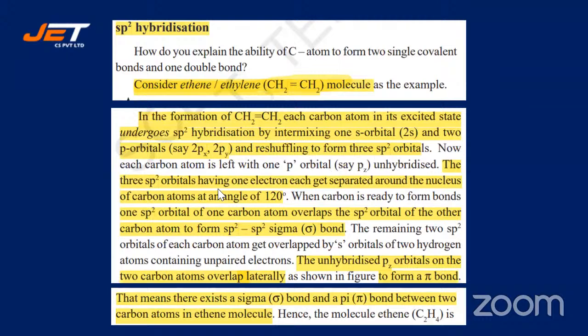The 3 sp2 orbitals having 1 electron each get separated around the nucleus of the carbon atom at an angle of 120 degrees. One sp2 orbital of one carbon atom overlaps the sp2 orbital of the other carbon atom to form a sigma bond. The unhybridized pz orbitals on the 2 carbon atoms overlap laterally to form a pi bond. That means there exists a sigma bond and a pi bond between the 2 carbon atoms in the ethene molecule.